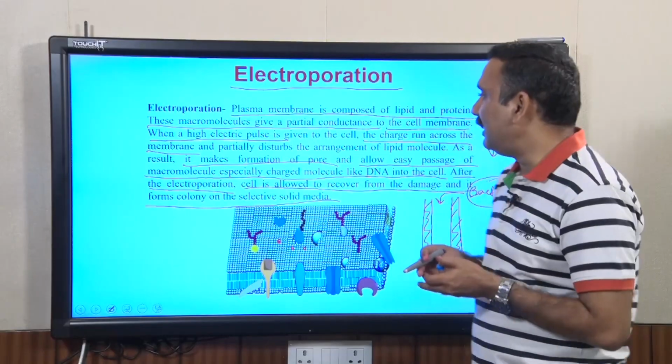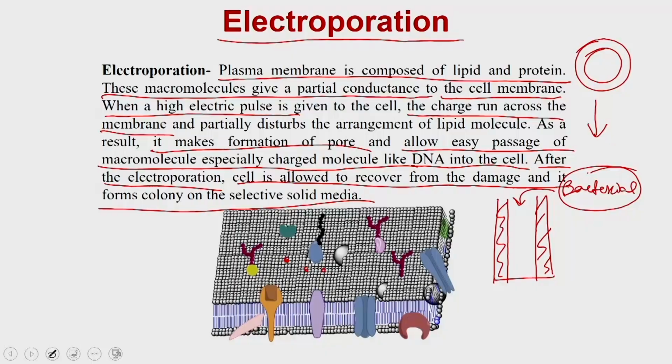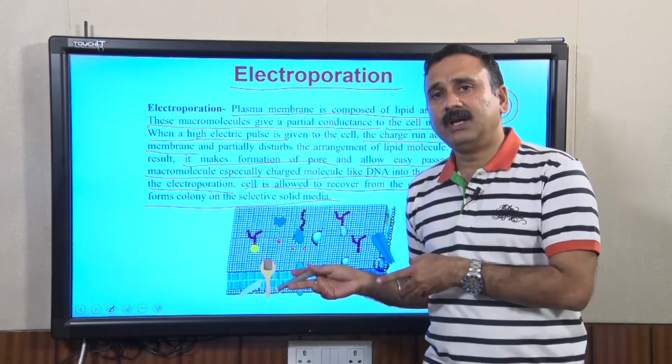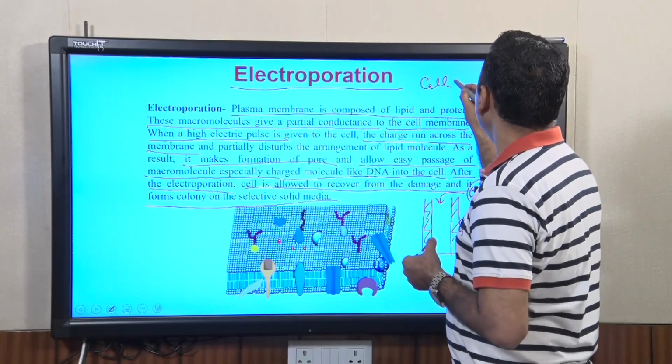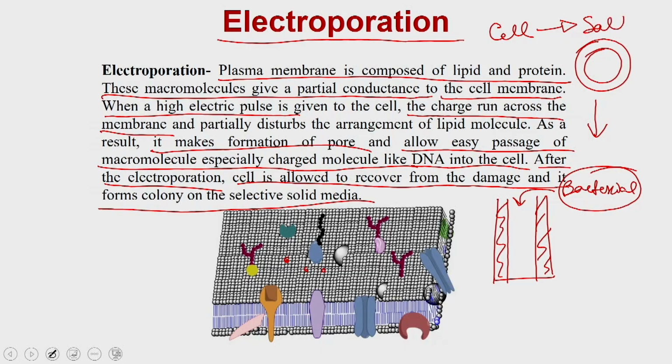In these cases, as we said, we are looking for the disturbance of the charge which is present on the plasma membrane. That is why, when you prepare competent cells for electroporation, the cells should be free of salts. So, you take these cells and wash them with buffer without salt.